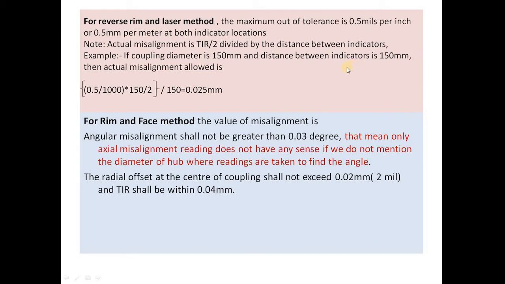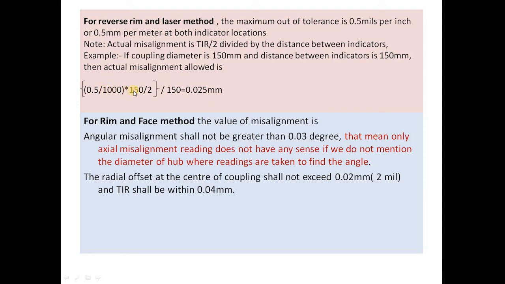Suppose your coupling dia is 150, and the reading is taken within the two pointers at 150. Then the total indicator reading will be 0.5 mils per inch, or 0.5 millimeter per meter, divided by 1000, which gives you millimeter.